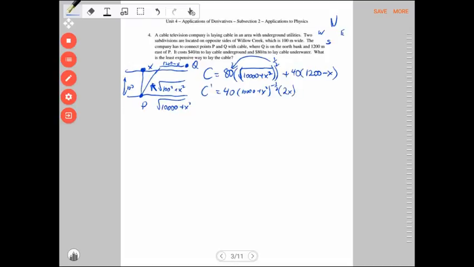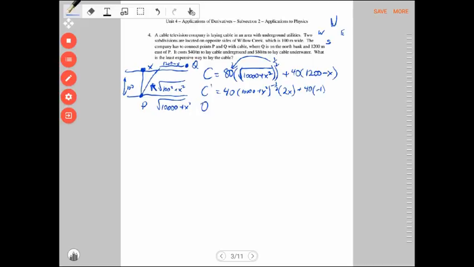Plus, funny thing with this one: 40 times 1,200 is a constant, and the derivative of a constant is nothing. So let's do it this way: 40, and the derivative of 1,200 is nothing, and the derivative of negative x is just -1. So the 40 times the derivative of the -1, and away we go.